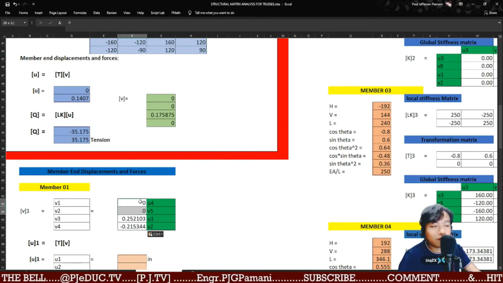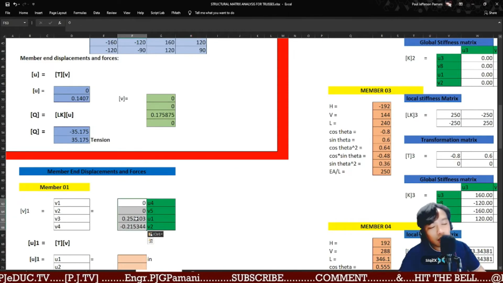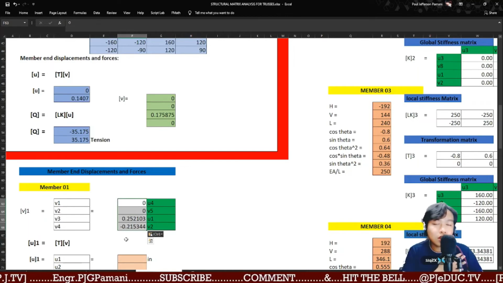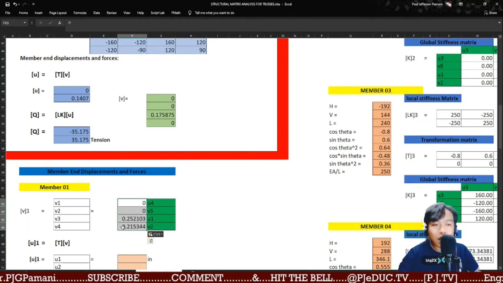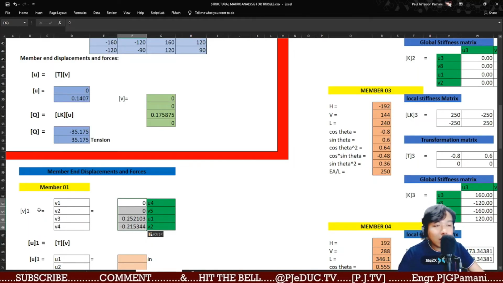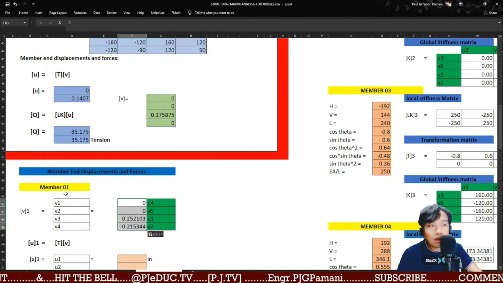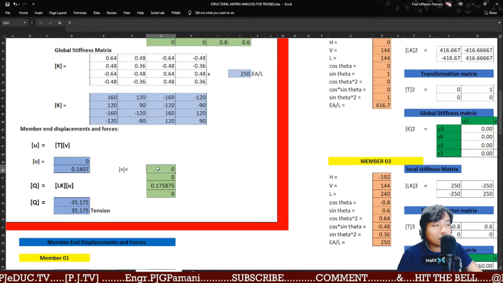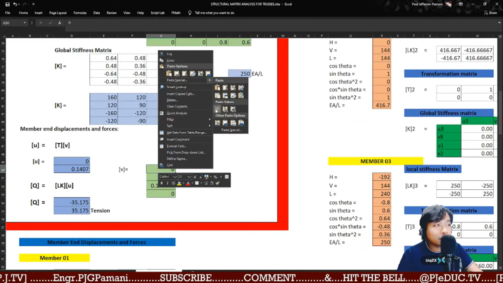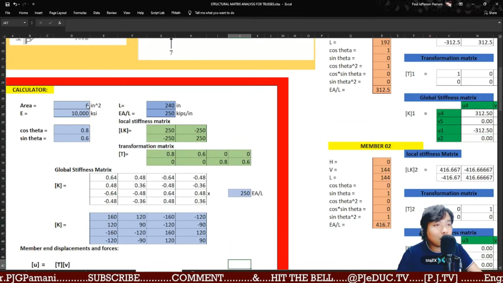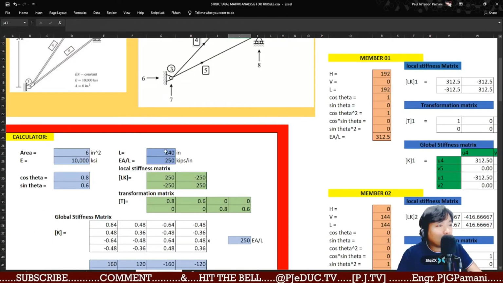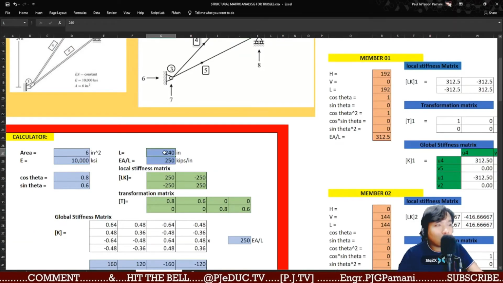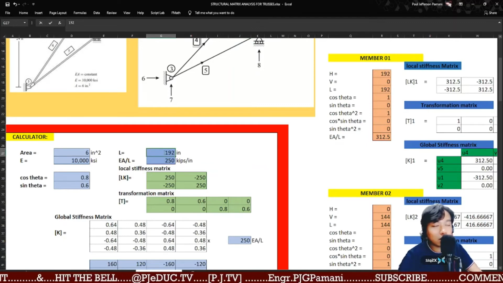Then, convert into its local coordinate system by multiplying V matrix with the transformation matrix of member 1. Control C. Paste natin dito. Identify the properties of member 1. What is now the length of member 1? That is 192 inches.